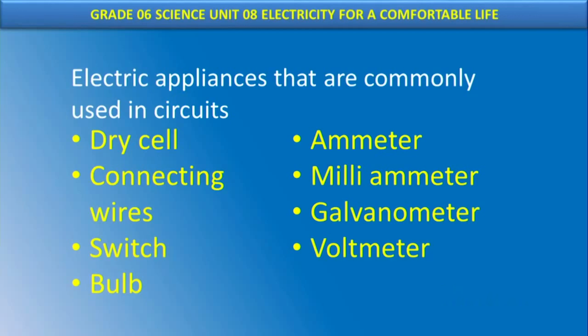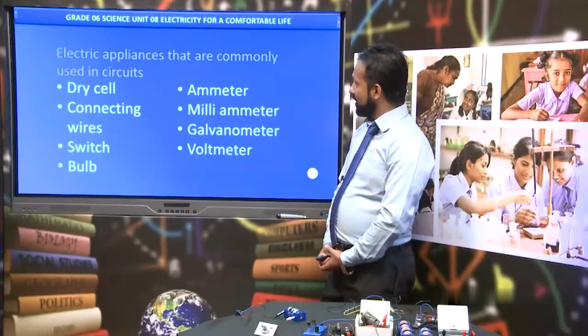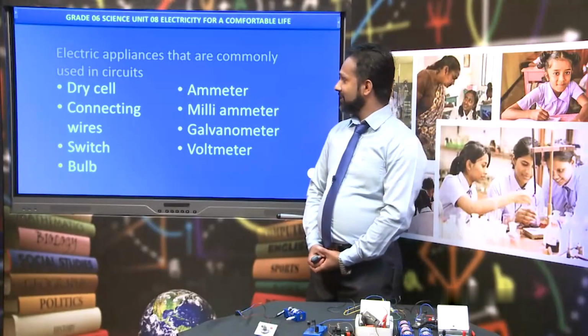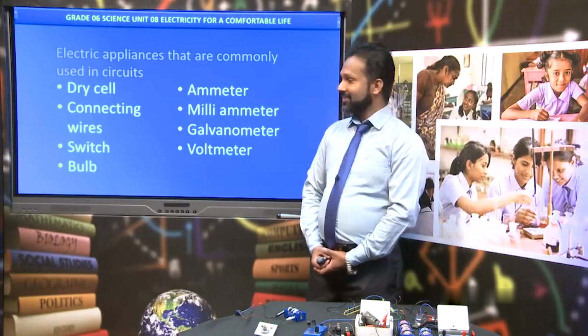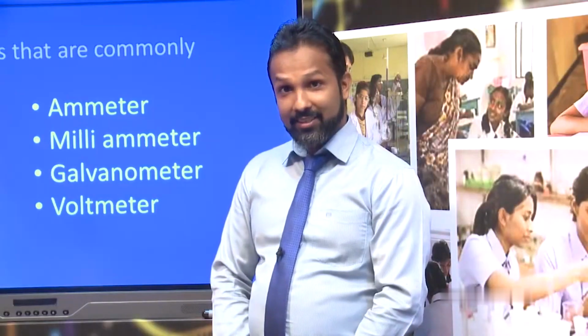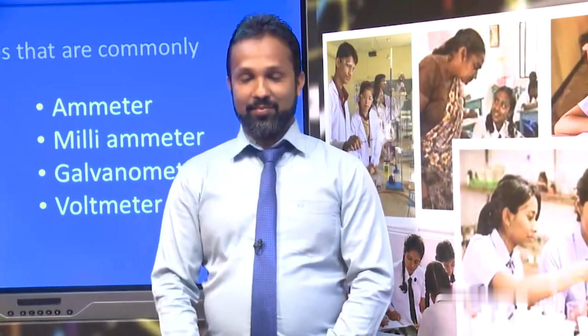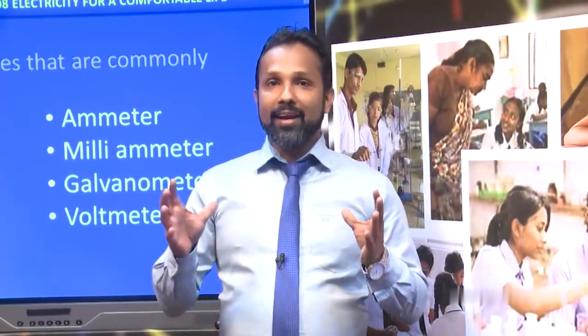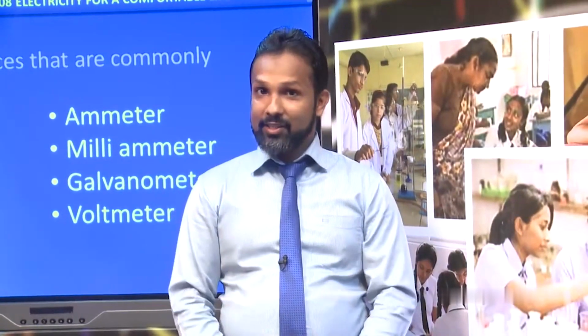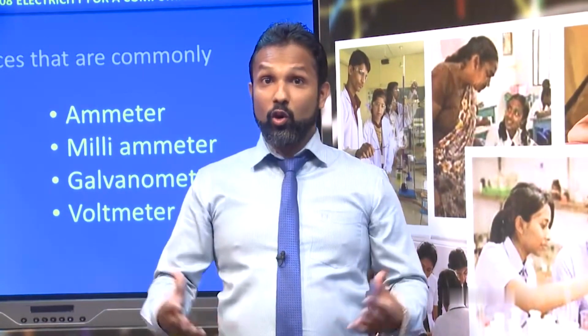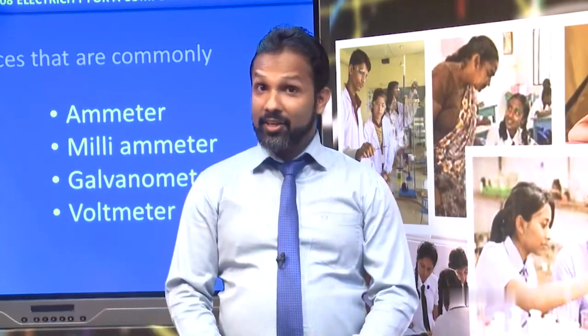Then we can study bulbs. You all know there are various types of bulbs. Next one, ammeter, milliammeter, galvanometer and voltmeter.